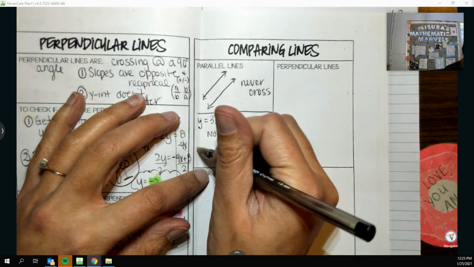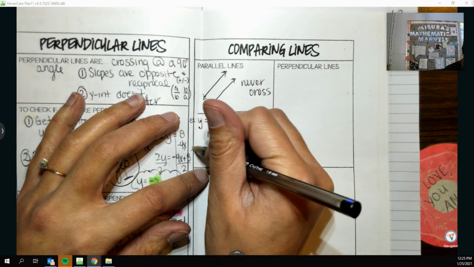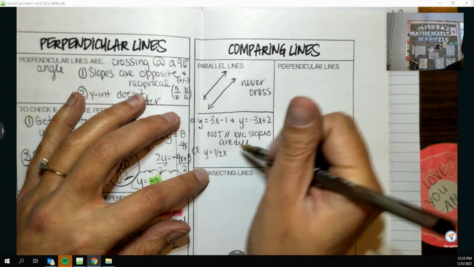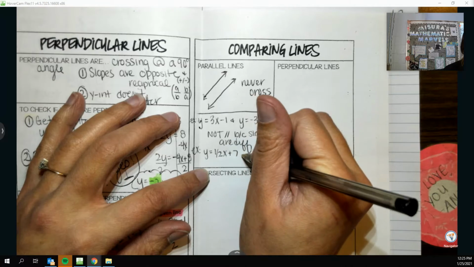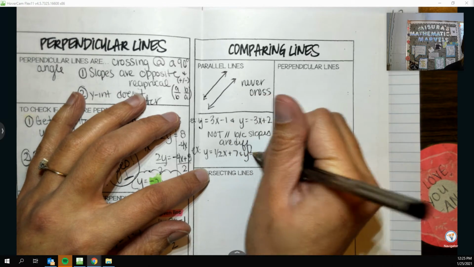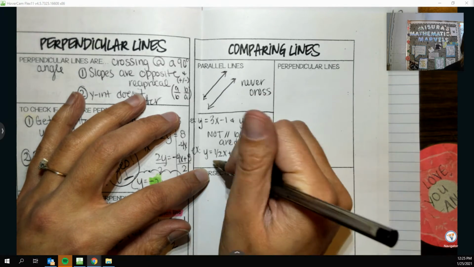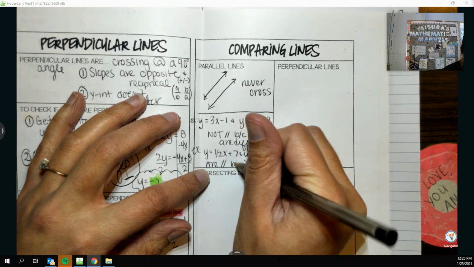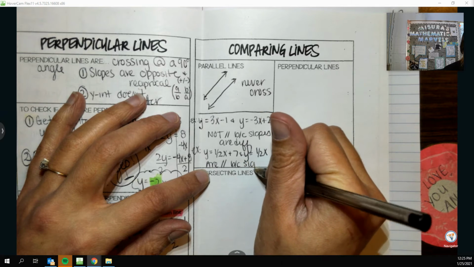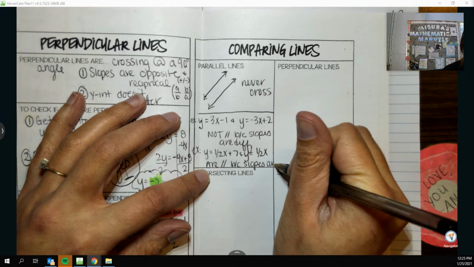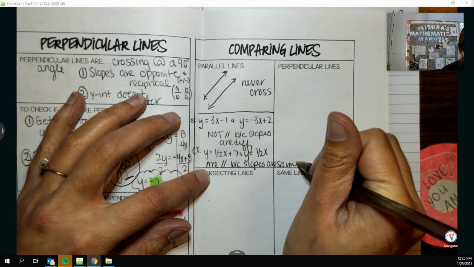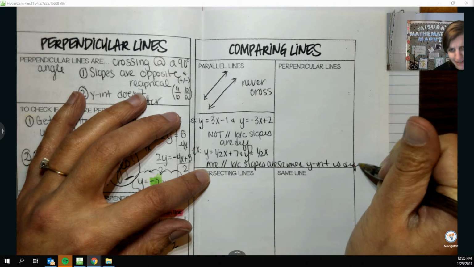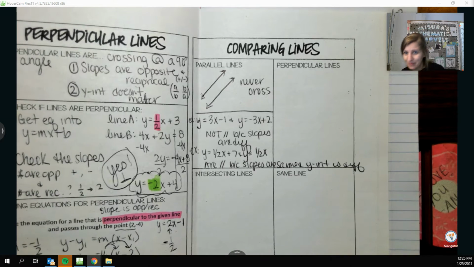But, for example, if I said y equals 1/2 x plus 7 and y equals 1/2 x, those are parallel because the slopes are the same and the y-intercept is different. I ran out of room, I'm so sorry.